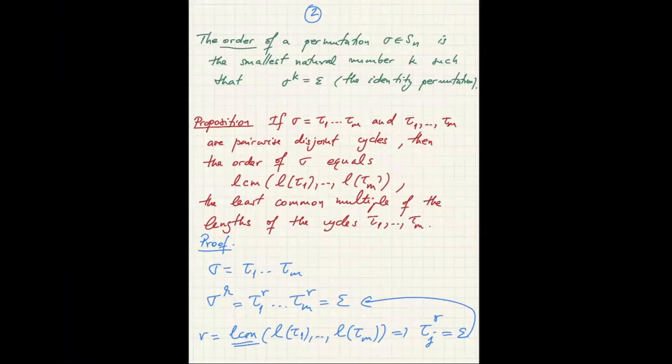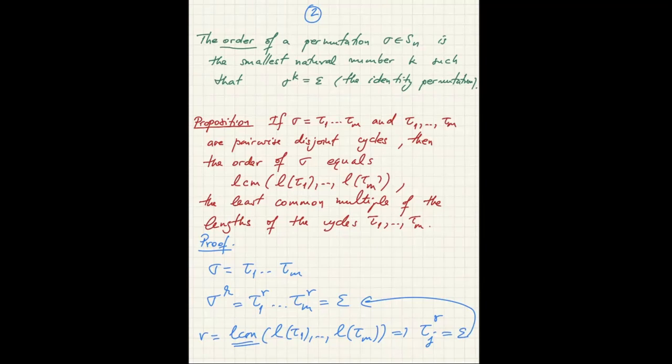Now, we can define the following invariant of a permutation, and this is called the order of a permutation. This is the smallest natural number k such that sigma to that power k equals the identity permutation.